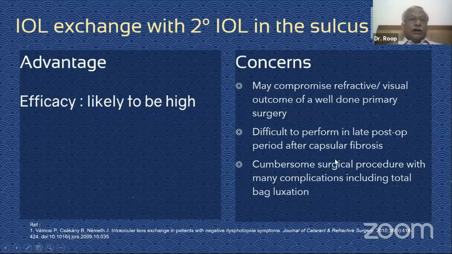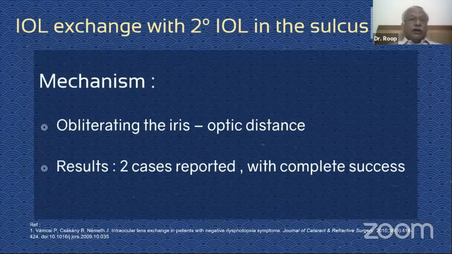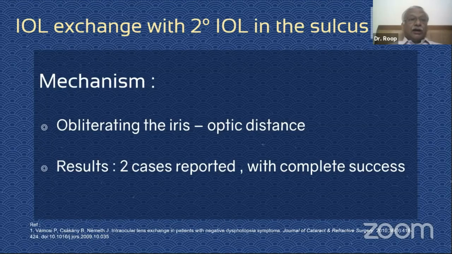It is difficult to perform in the late post-op period, and it is a cumbersome surgical process with many potential complications. So most of us are not willing to go for this. The mechanism with which it helps is the same that Dr. Pakhyat was saying. It basically obliterates the space between the iris and the optic.